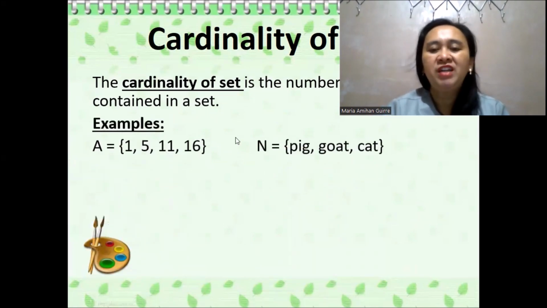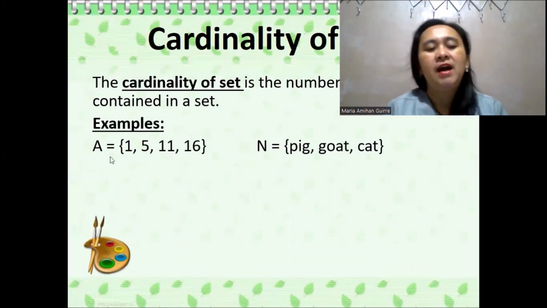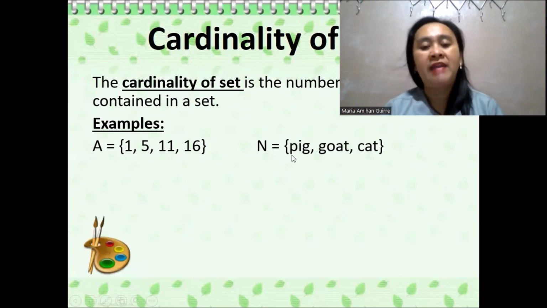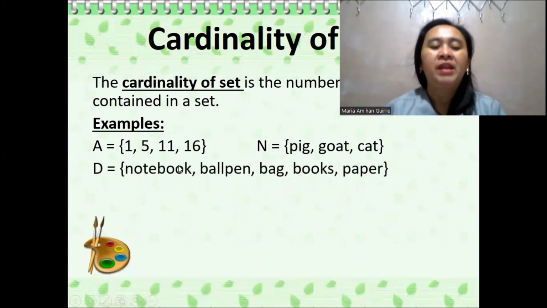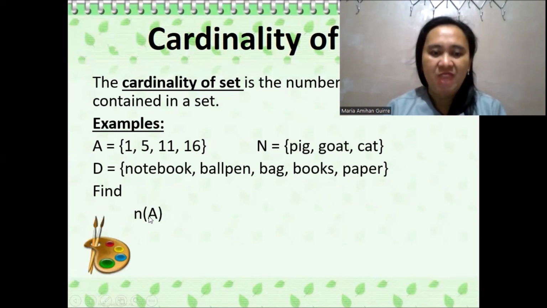Examples, if the given set A has elements 1, 5, 11, 16, set N has elements pig, goat, and cat, and set B has elements notebook, ballpen, bag, books, paper. Find n of set A. Ibig sabihin, find the number of elements in set A.